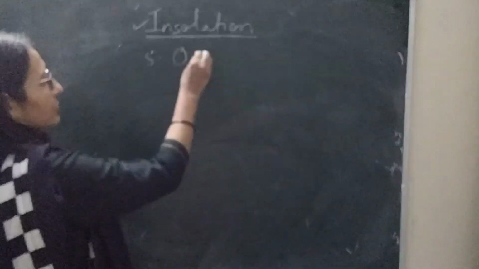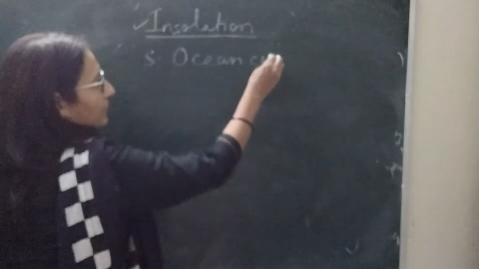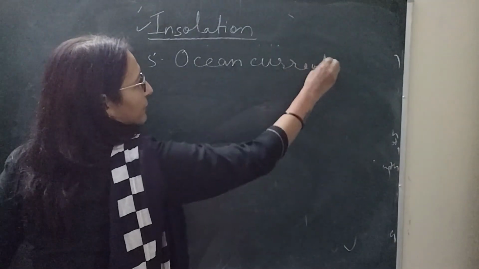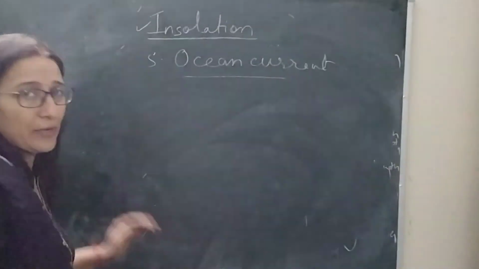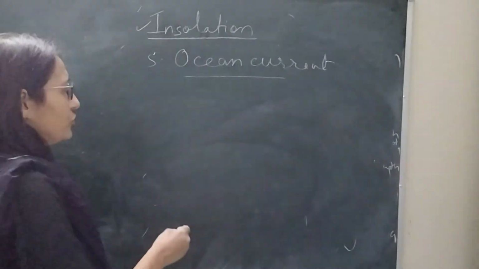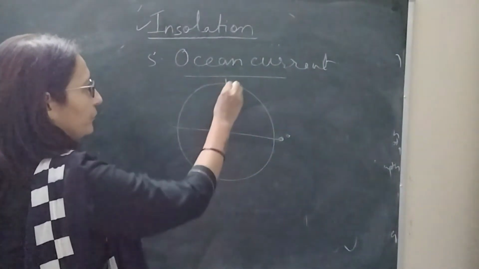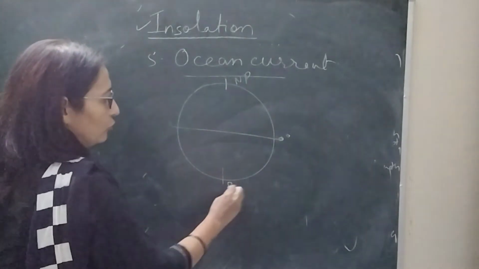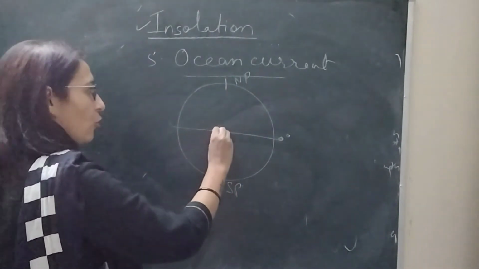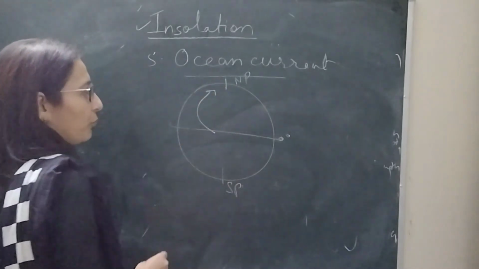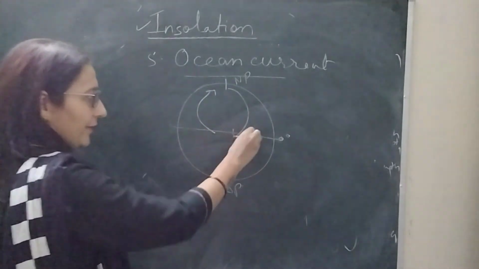Next, another one is ocean currents. In the previous video of the chapter hydrosphere, I explained what an ocean current is. Ocean current means, North Pole, South Pole, the ocean water moves from the equator to the poles and from the poles to the equator.